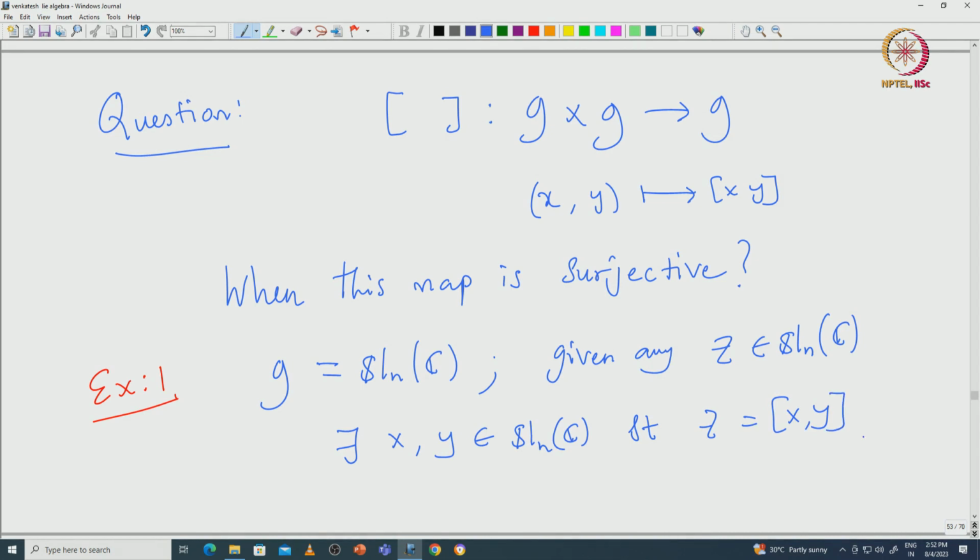This is not as easy a fact as one expects, but it can be proved, and I will leave it as an exercise for you. It is a very interesting exercise. It means any element in SL(n, C) is a simple commutator.